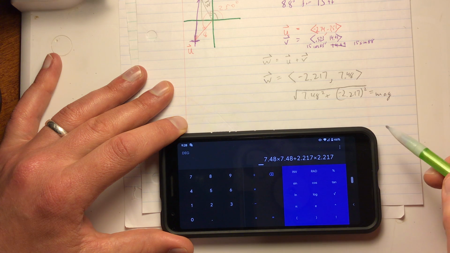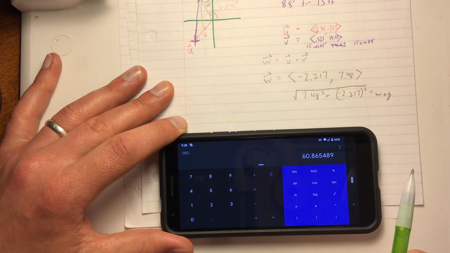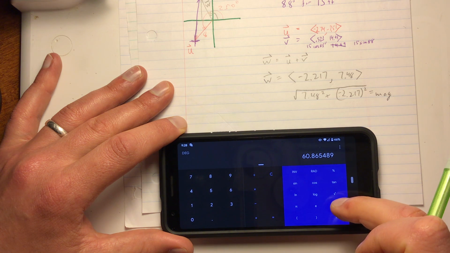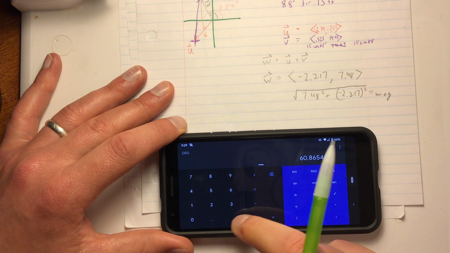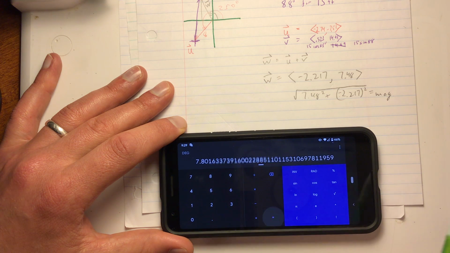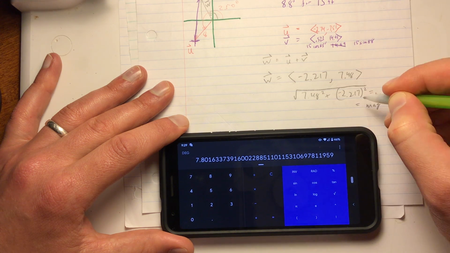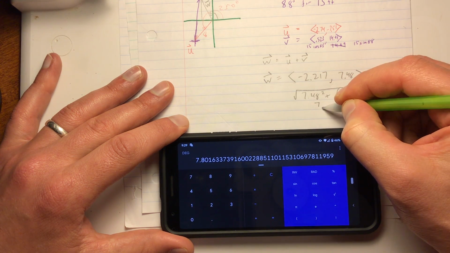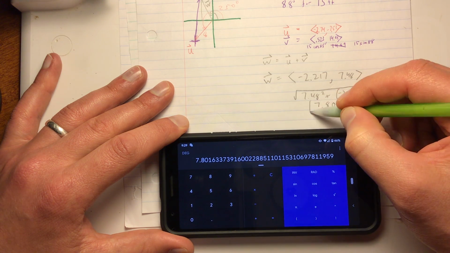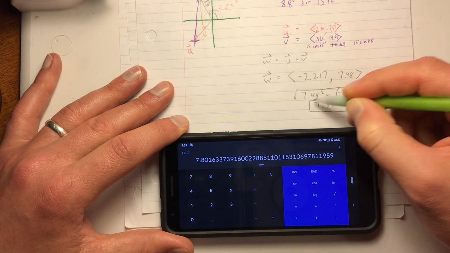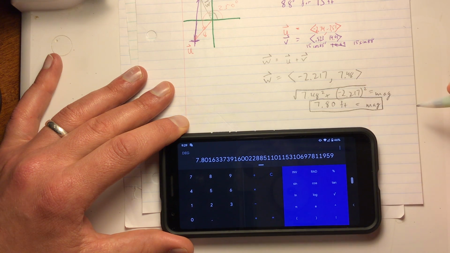Remember, negative times a negative makes a positive, so I can disregard that here. So 60.86, and we're going to take the square root of that. So the magnitude would be 7.80, and we'll call it good there. 7.80 feet.